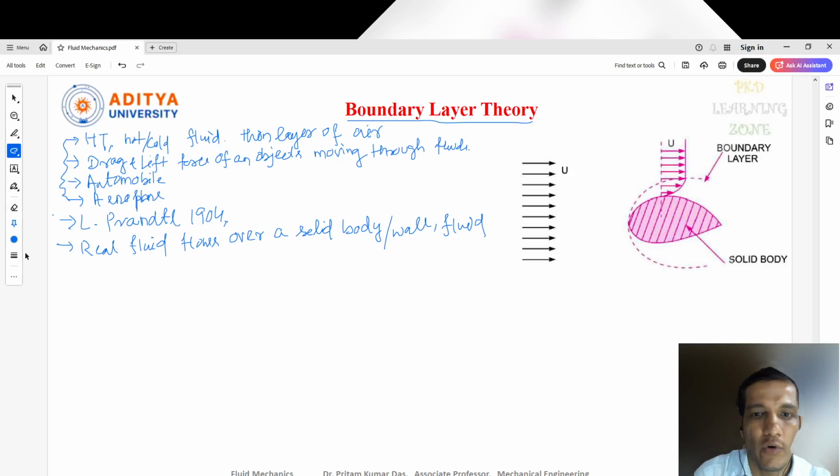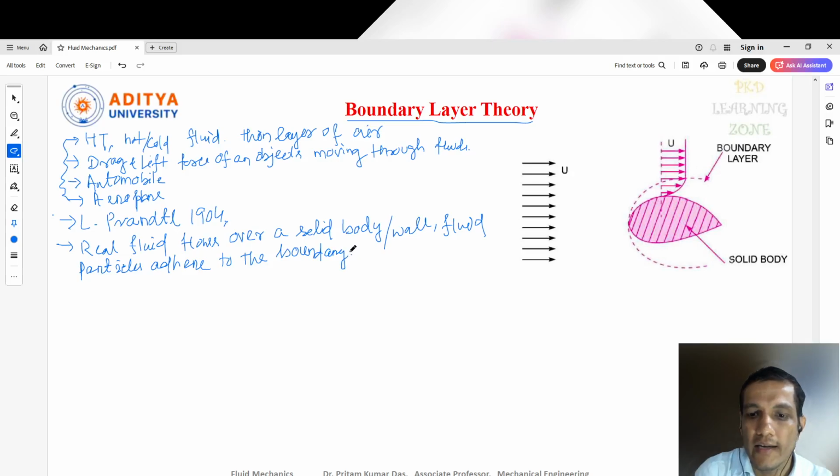Okay, the fluid particles adhere to the boundary, or you can say they are in contact with the boundary of the surface.